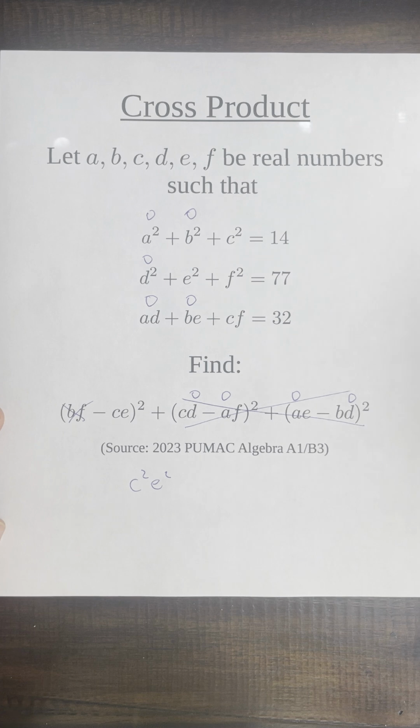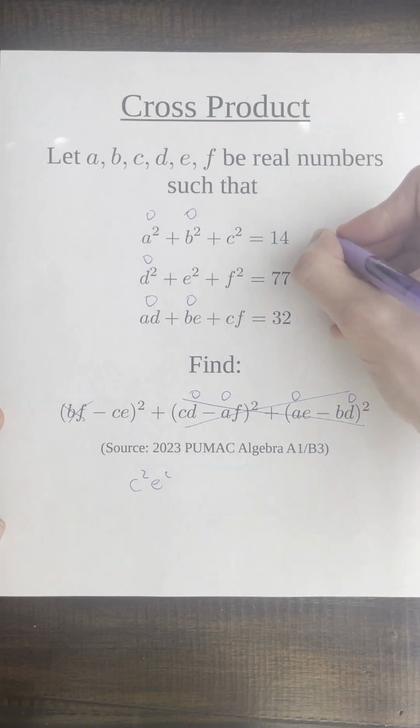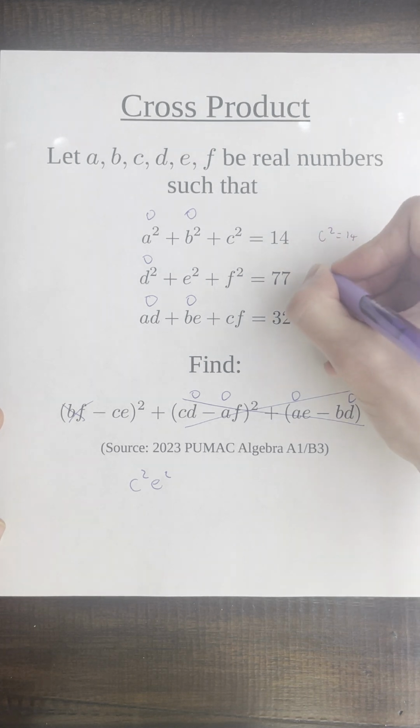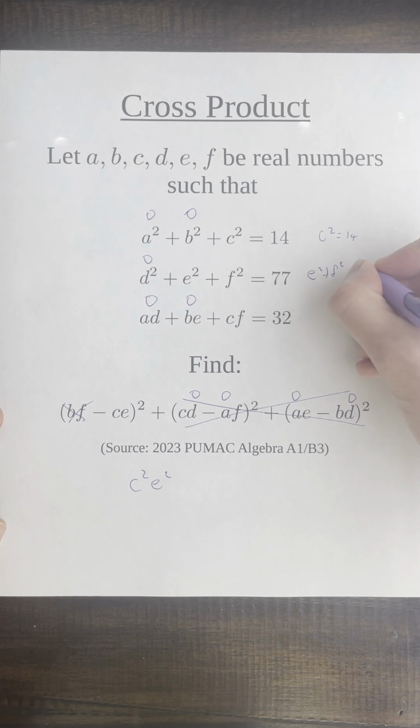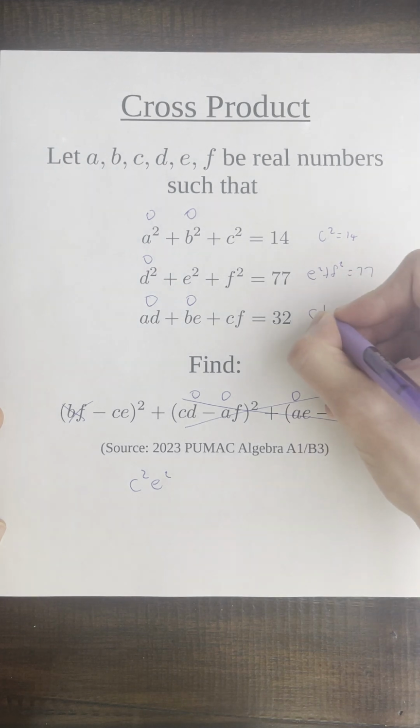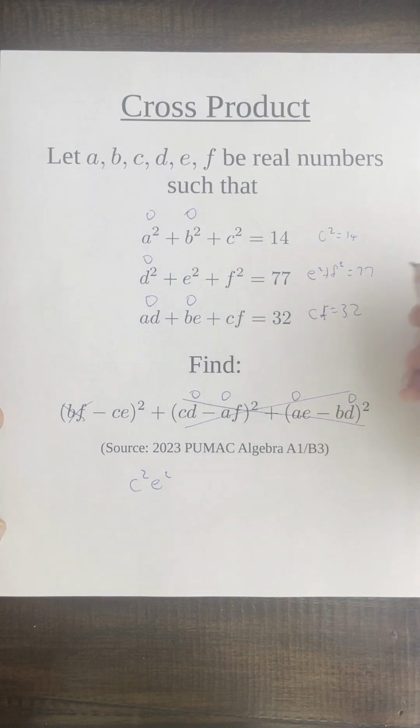So what does the new system become? C squared is equal to 14. E squared plus F squared is equal to 77. And CF is equal to 32. Okay, so if C squared is equal to 14, C could be the positive square root of 14 or the negative square root.